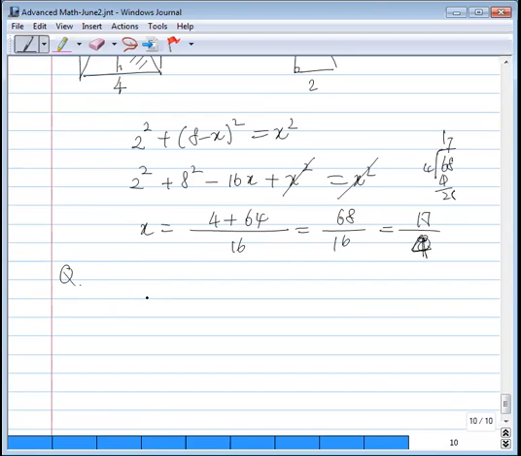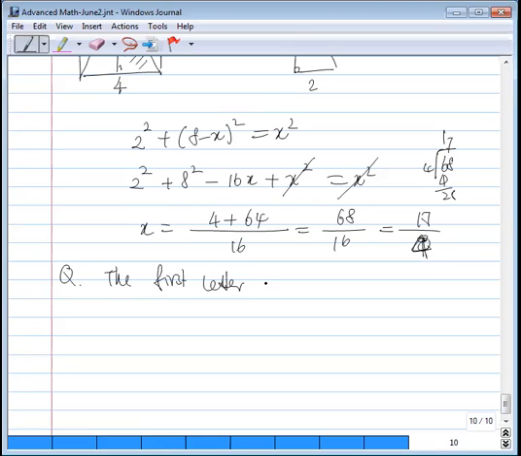Our next problem is: radio stations use 3 or 4 letters for their call letters. If the first letter must be W or K, how many different call letter strings are possible if no letter can be repeated within a string? Let me write down the condition.